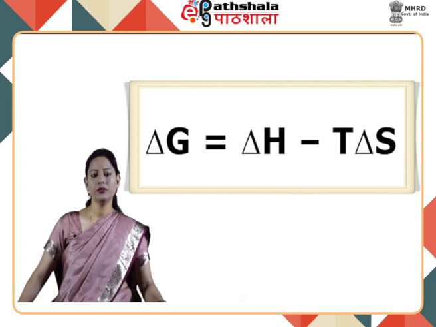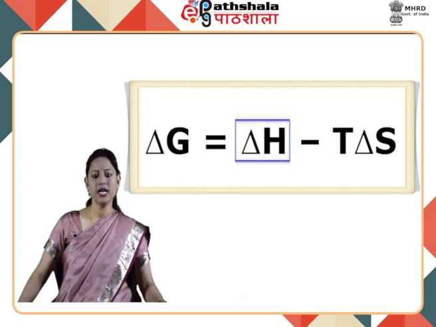The enthalpy term delta H is the heat given off or the heat consumed during the course of a reaction. In a molecule or compound, the atoms are held together by bonds. When new bonds are formed, heat is given off, and when bonds are broken, heat is consumed.